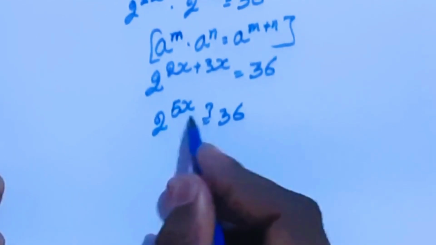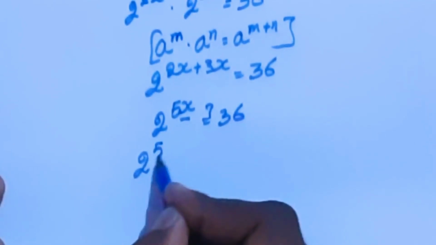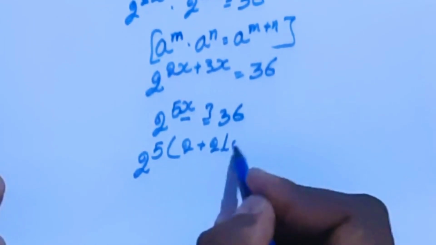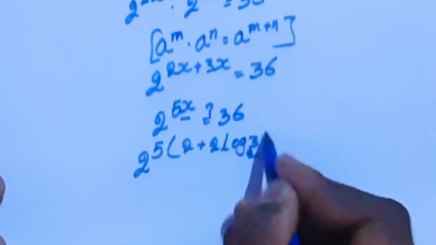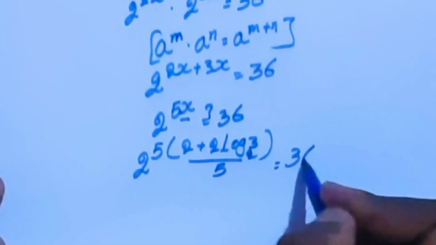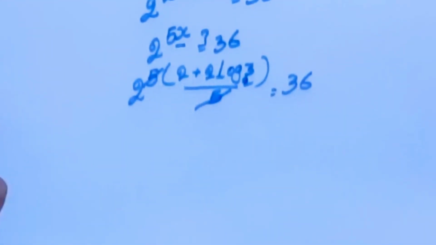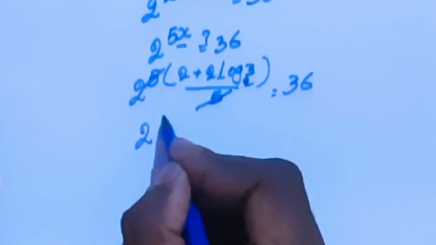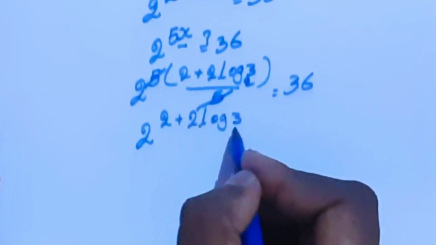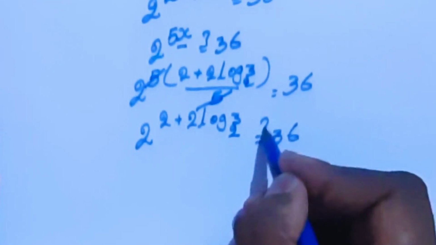So now we are going to apply this x here. So 2 power 5 times (2 plus 2 log 3 base 2) by 5 equal to 36. Now this 5 cancels this. So we have 2 power (2 plus 2 log 3 base 2) equal to 36.